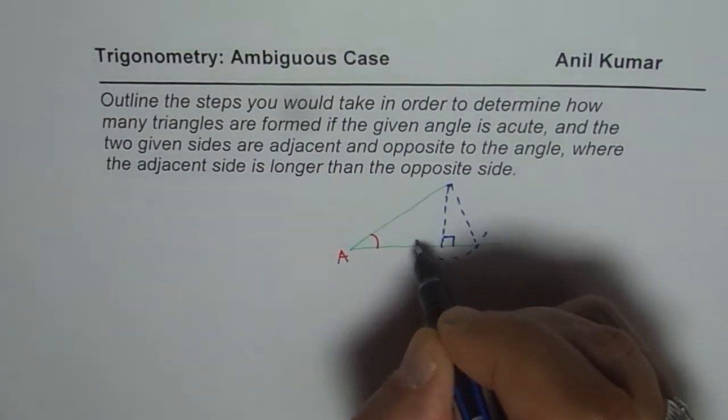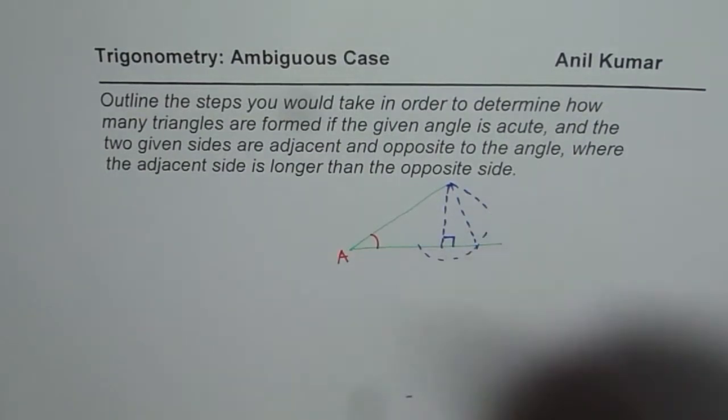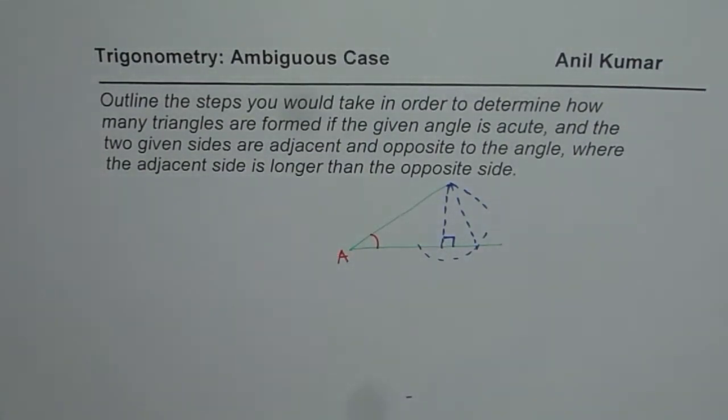Or it could be very short, which may not even make a triangle. So these are the three different scenarios which we discuss. That gives us the ambiguity about forming even a single triangle or not, or even forming two triangles, correct? So that is the question.